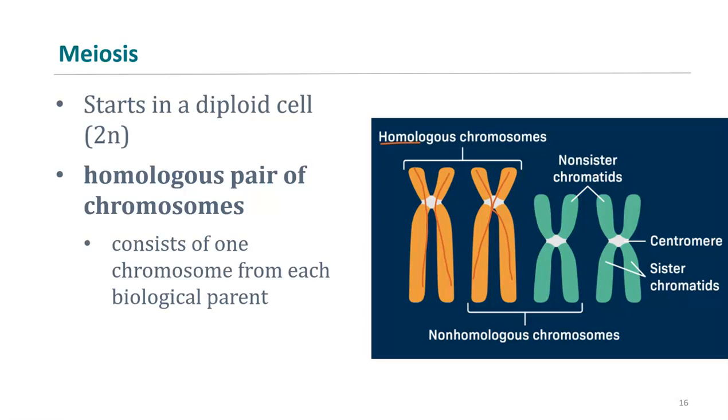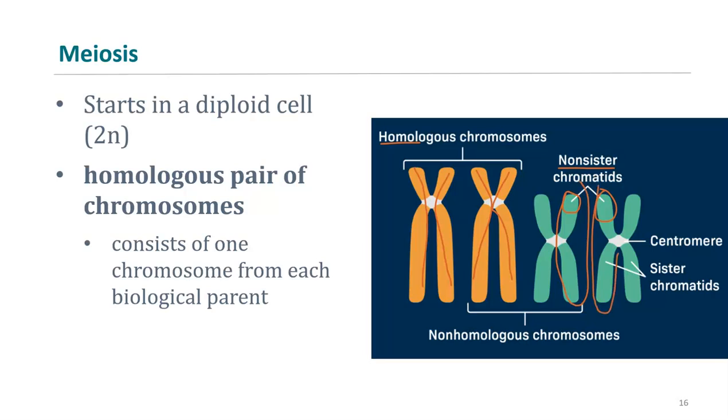Now, you may also hear the term non-sister chromatids. This replicated chromosome consists of sister chromatids. Over here, we have another homologous pair in green. So these two together would be a homologous pair. But if you were looking at this one versus this one, or I should circle the whole thing maybe.